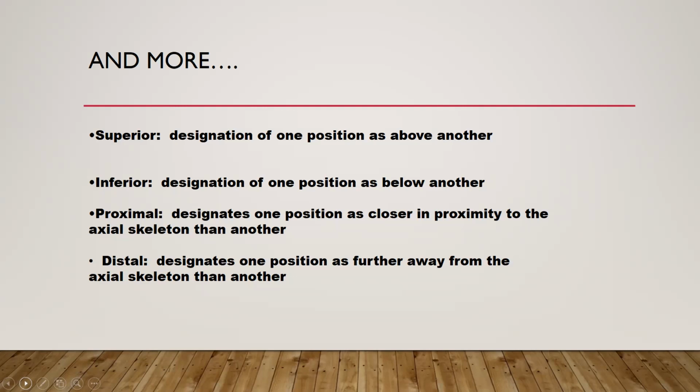Proximal versus distal. This designates one position as closer in proximity to the axial skeleton than the other. So proximal means that it's closer towards the midline versus distal means it's farther away. It's a distance. So a good way to say this is she had a laceration at the distal portion of her lower leg.